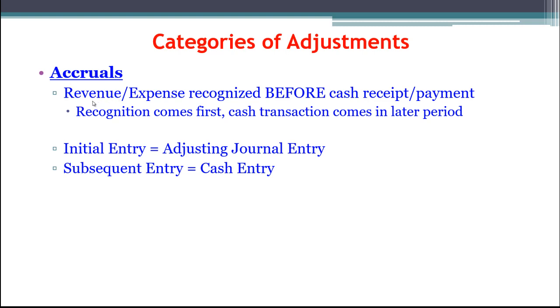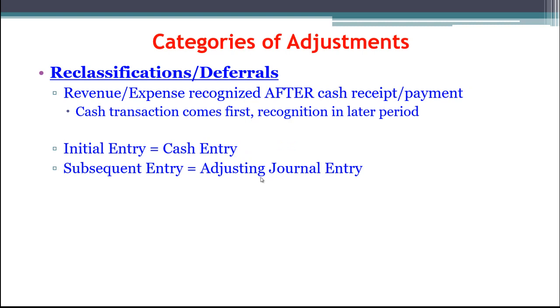This is where the revenue or expense needs to be recognized before the cash has been received or paid. The recognition of revenue or expense comes first, and that's the adjusting entry. The cash transaction, which is a regular old transaction, comes in some later period. The initial entry is going to be the adjusting entry. The subsequent entry that happens later on will be when we received or paid the cash.